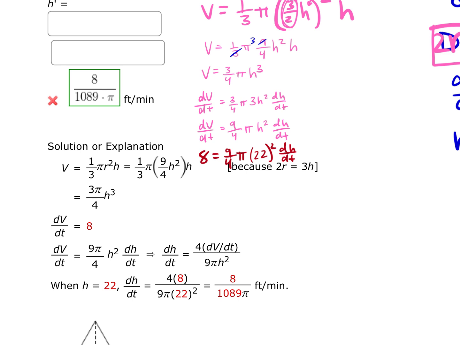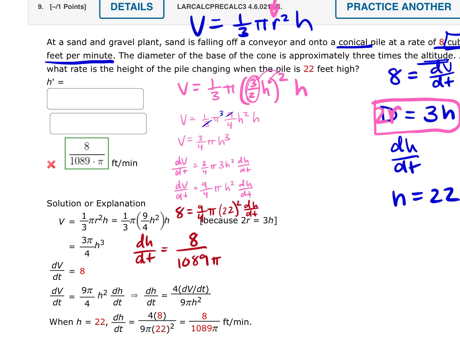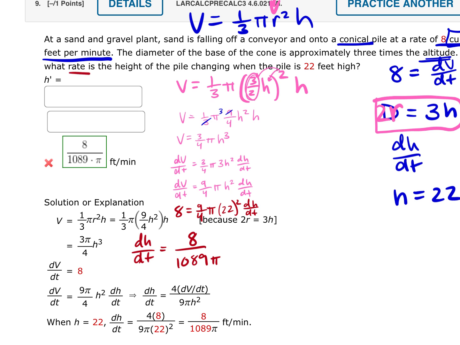I don't have my calculator, so we're going to trust WebAssign. It says that our answer is 8 over 1089 pi. What would our unit be here? We're talking about at what rate the height is changing. Feet per minute. Perfect.